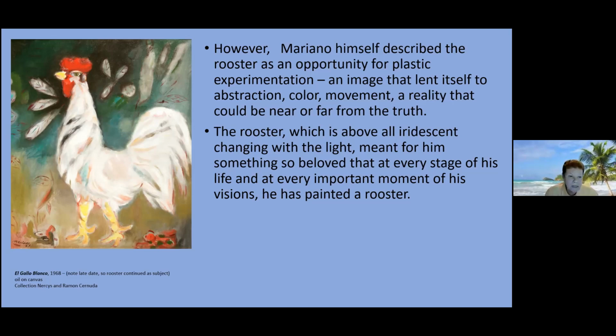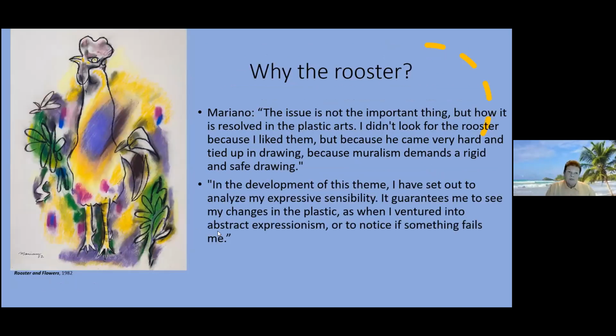So in this particular one, once again, you can see the color, the way he works with color. By the 60s, his style becomes more and more spontaneous and less exacting and realistic. The rooster is an excuse for him to paint. Why the rooster? Mariano himself said, "The issue is not the important thing. It is resolved in the plastic art.